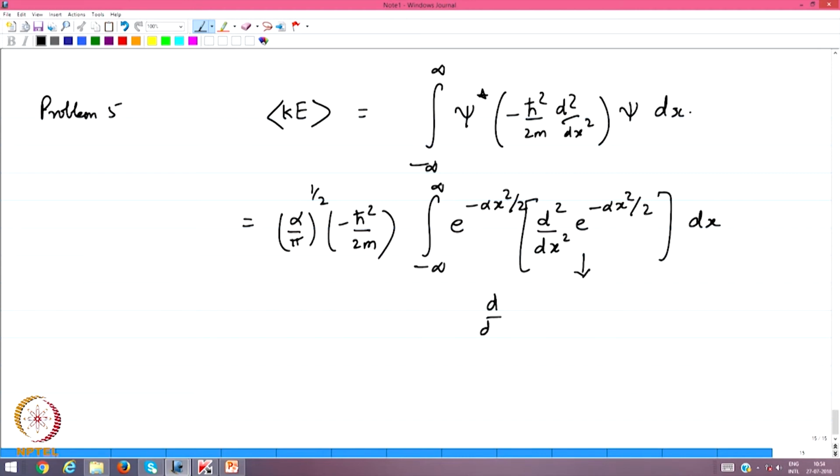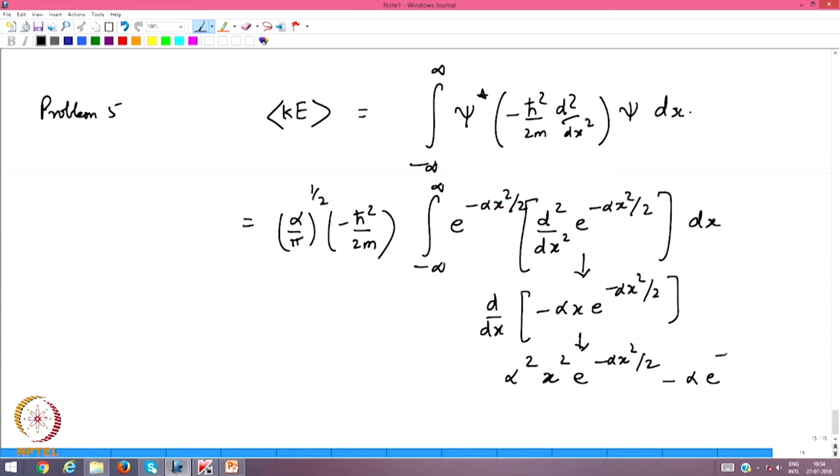Okay. Now, it is easy to calculate these derivatives. The first derivative is of course -2αx divided by 2, so you get only -αx e^(-αx^2/2), and the second derivative will give you α^2 x^2 e^(-αx^2/2), and the other one is -α e^(-αx^2/2).